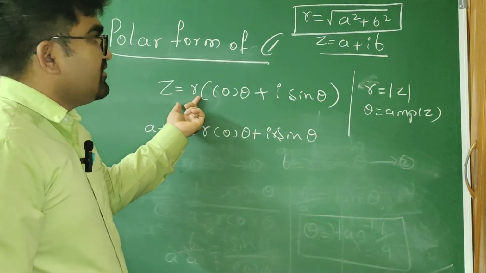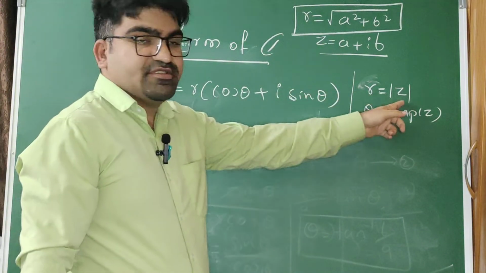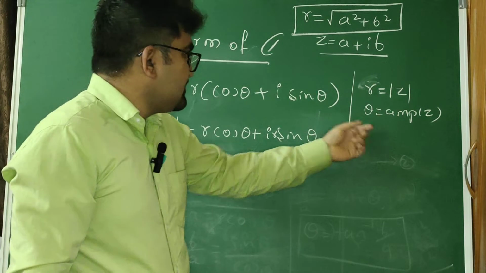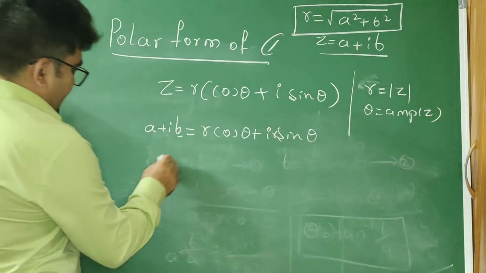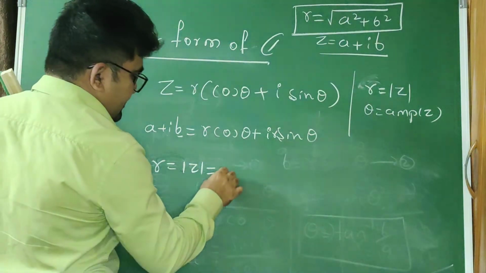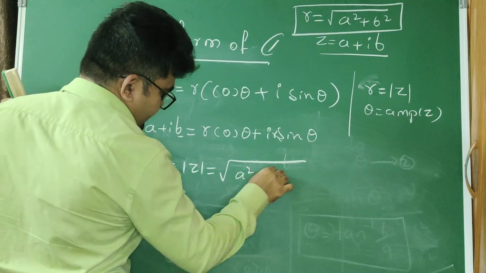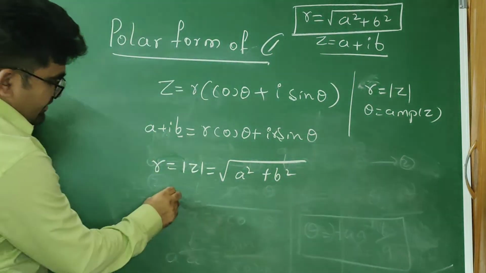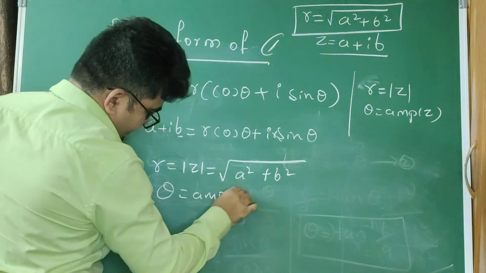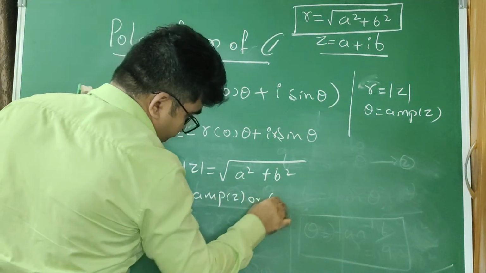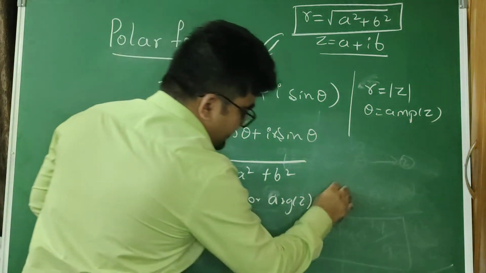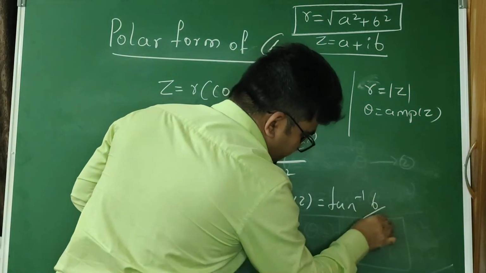Here r is nothing but the modulus of this complex number z, and theta is nothing but what we call the amplitude. What is our r? We represent this r by modulus of z. What is the value? That is root of a square plus b square. And what is our theta? Theta is nothing but amplitude of z or argument, arg, that is argument of z. What is the value? That is tan inverse of b by a.